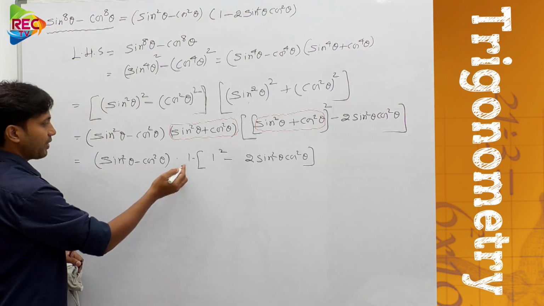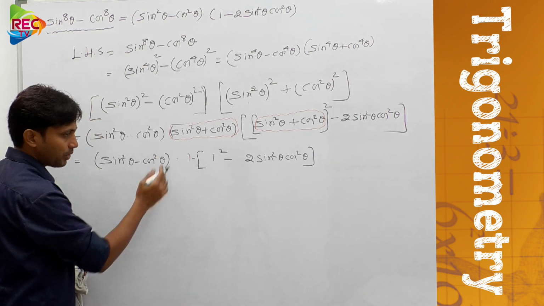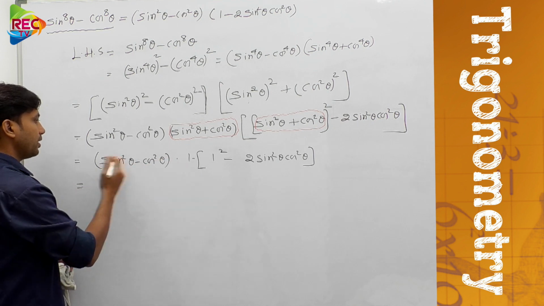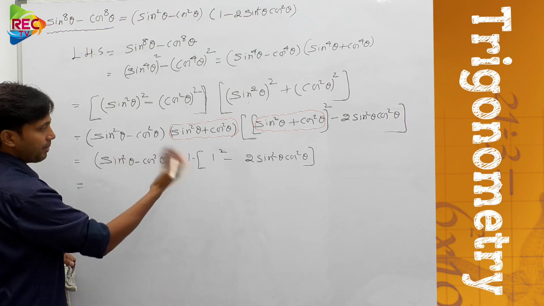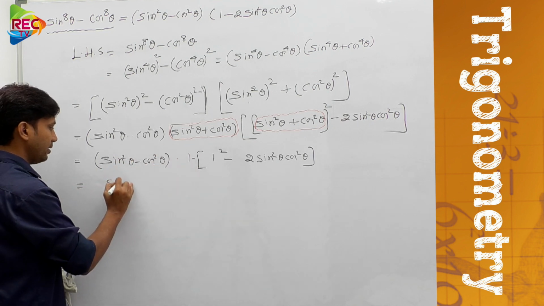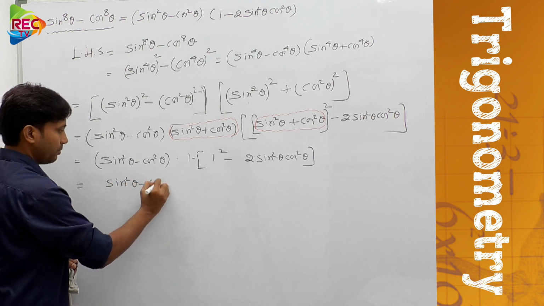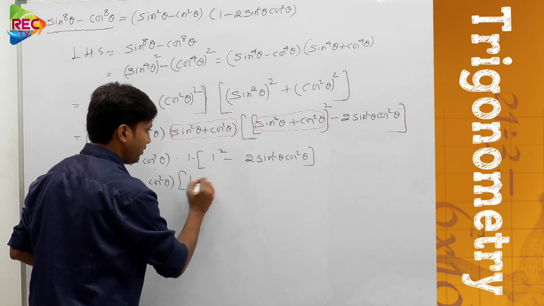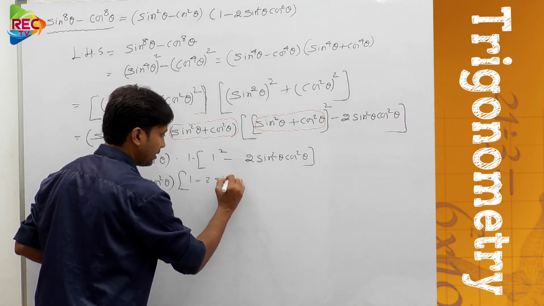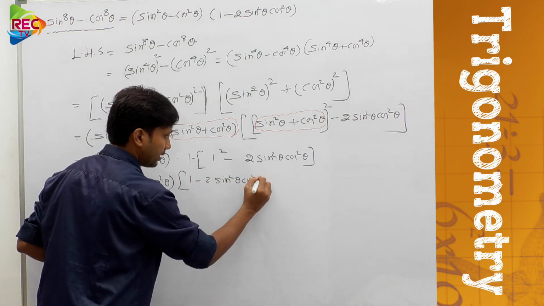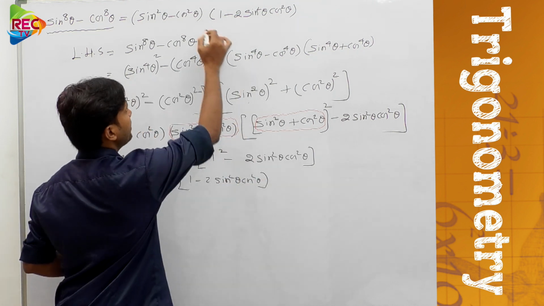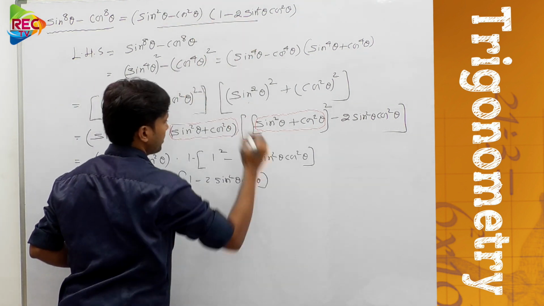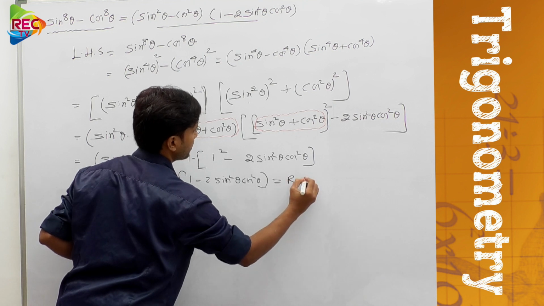So how can we write this finally? We don't need to write this one separately. So 1 into everything, the same number will be obtained. So (sin square theta minus cos square theta) into (1 square is 1 itself) minus 2 sin square theta cos square theta. So I think we obtained our required answer, which is RHS.